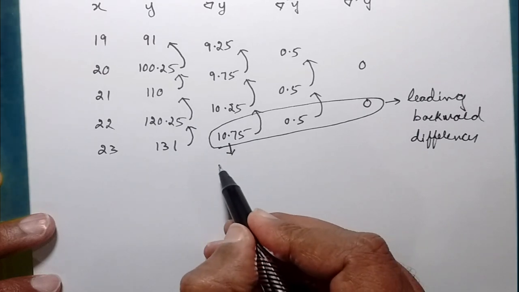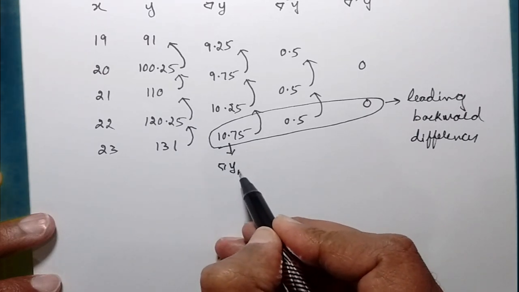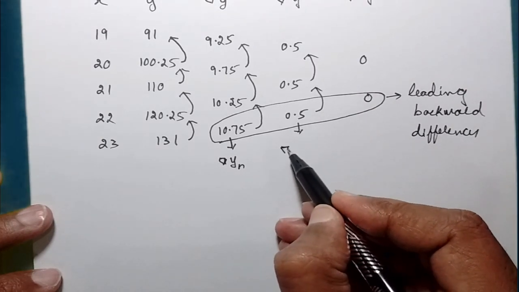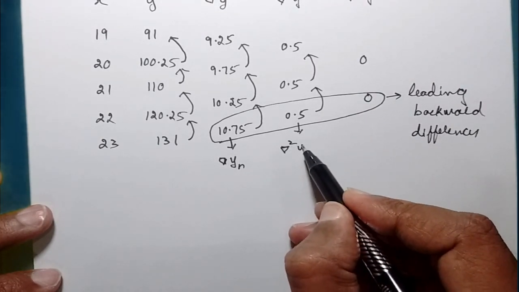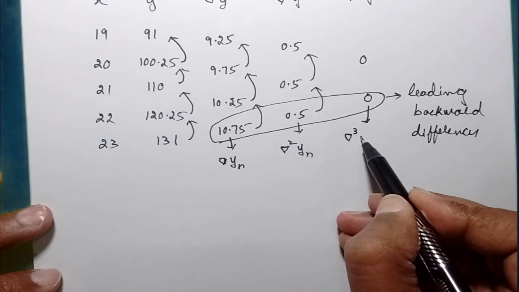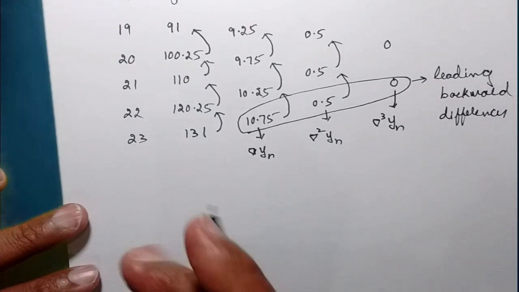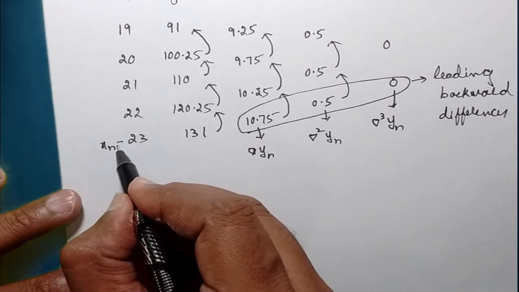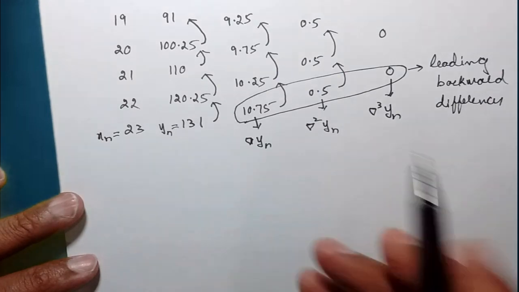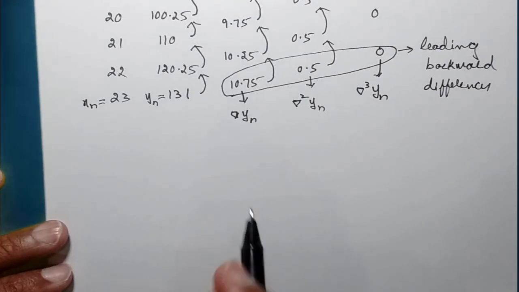This corresponds to the first backward difference, nabla yn. This is the second backward difference, nabla square yn. This is the third backward difference, nabla cube yn. And I require the xn value, so the final value of x will be your xn, and this final value of y will be yn. So these are the values that I require.